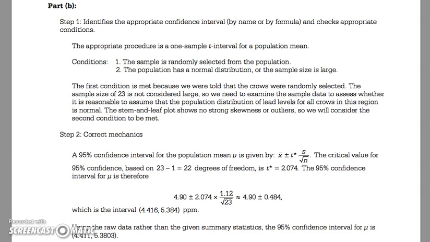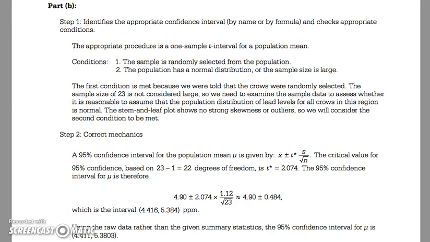Part B, step 1 identifies the appropriate confidence interval by name or by formula and checks appropriate conditions. The appropriate procedure is a 1 sample t interval for a population mean. The conditions include 1. The sample is randomly selected from the population, and 2. The population has a normal distribution or the sample size is large.